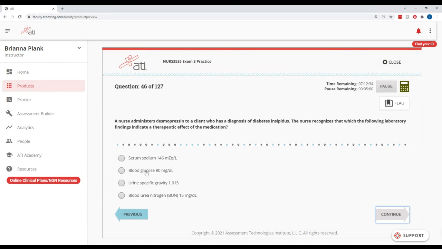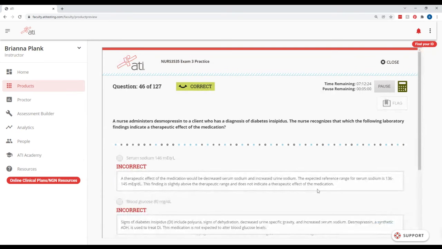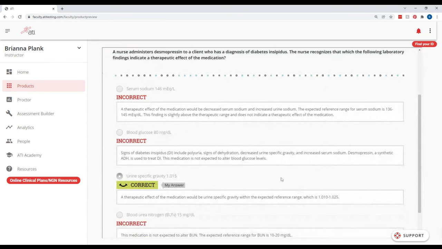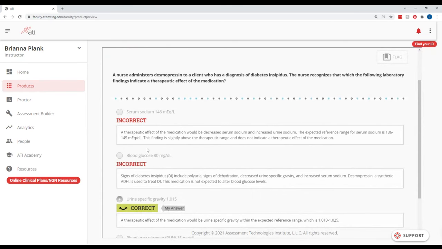I'll guess B. I'm also thinking C. So for diabetes insipidus, remember that we're not really thinking about our blood glucose in that instance.